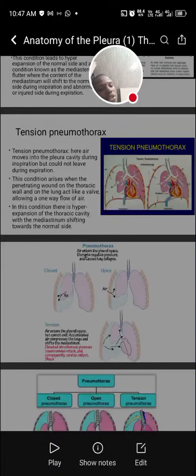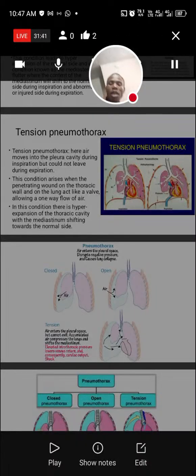So in tension, there is hyper-expansion, okay?